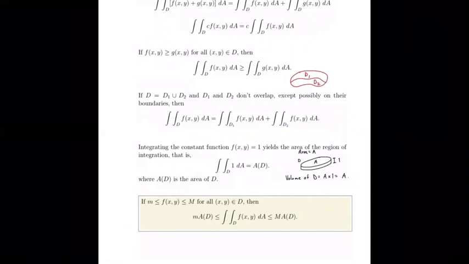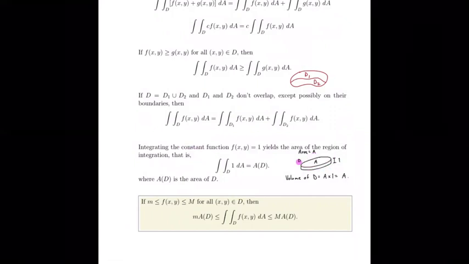Now, one of my favorites in all of this is we can use the constant function f of xy equals 1 to calculate the area of a region of integration. So if we were interested in finding the area of a region D, ignore the fact that I've made it a three-dimensional object.